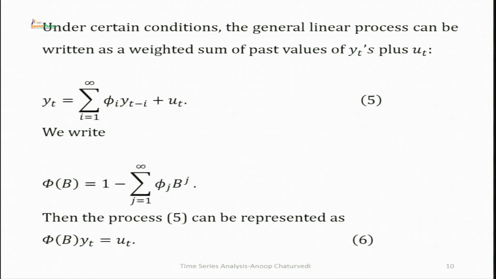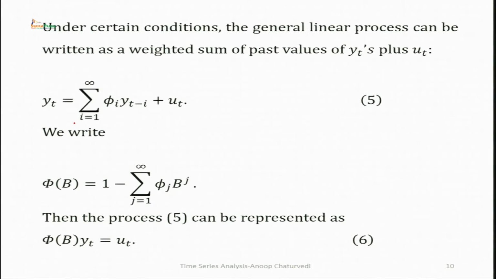Means in Wold decomposition, what you have done? You are writing y_t as a linear function of present and past shocks. In this form of general linear process given in equation 5, you are writing y_t equal to summation i equal to 1 to infinity phi_i y_(t-i) plus u_t.